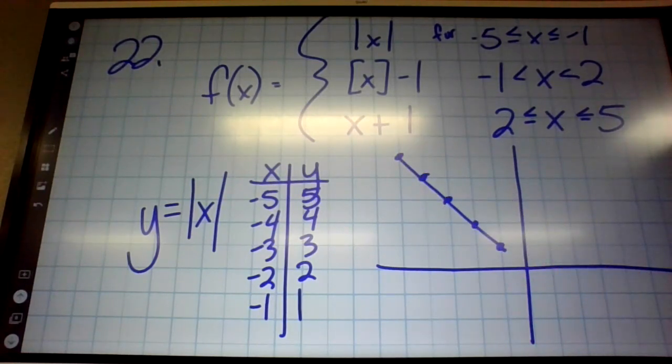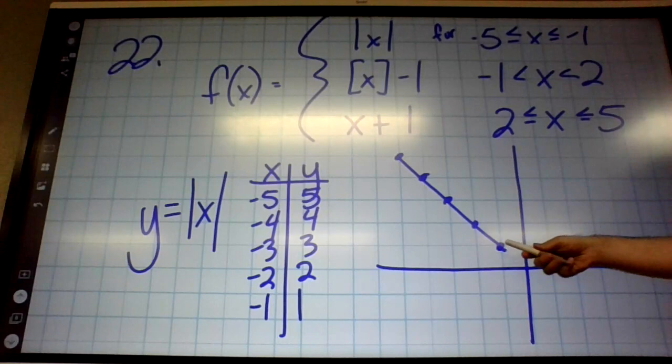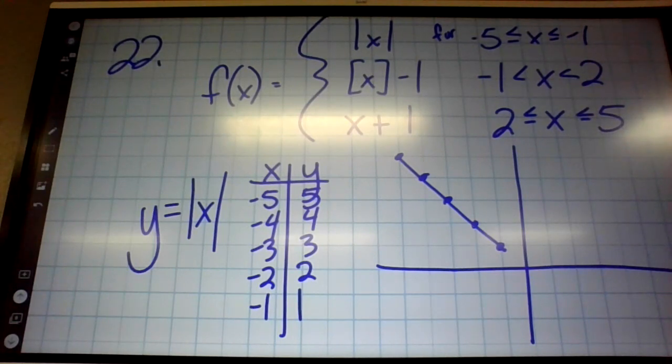Why doesn't it look like a V? Because the V keeps going like this, so we're not seeing that part. Did you guys get that part?